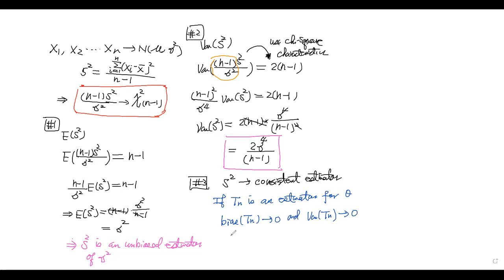Then we say Tn is a consistent estimator.